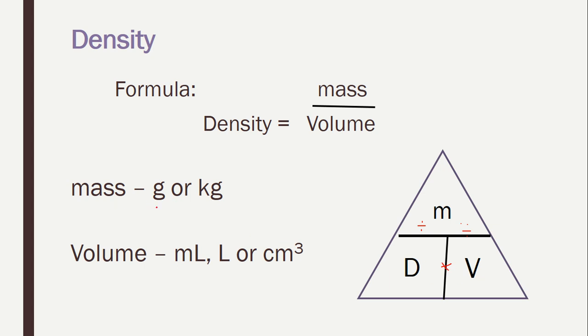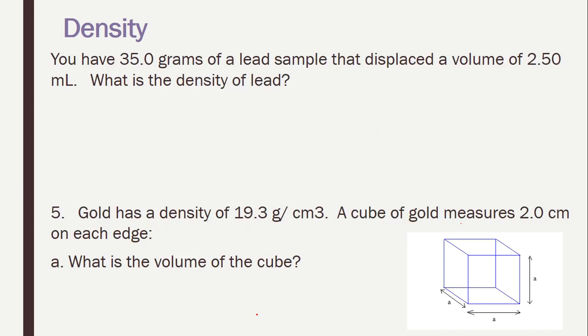So mass is given in the units of grams or kilograms. Volume is given in the units of milliliters, liters, or centimeters cubed, as circled there by your teacher. And what does centimeters cubed mean? If you think of a 3D object, and we measure this edge as centimeters, this edge is centimeters and the height is centimeters, then the volume of that is the width times length times height, however it is you want to talk about it.